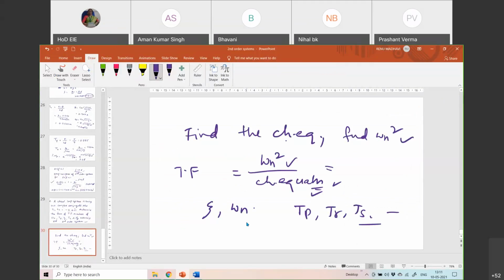Someone has to give me the transfer function. The roots are given. How do you find the characteristic equation? Can anyone tell me? Any guess?